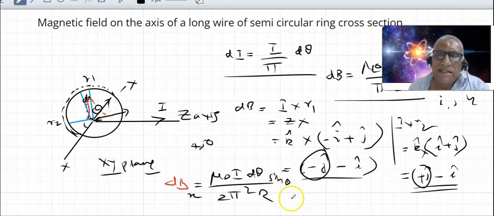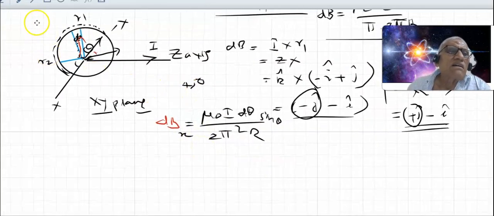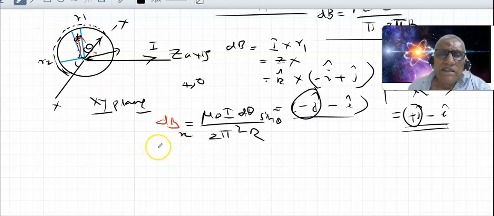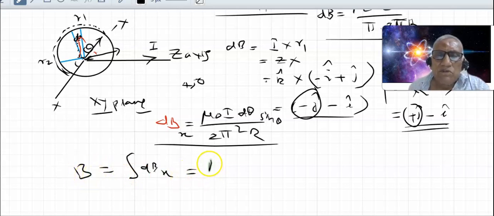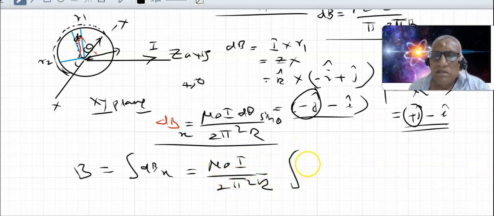So when we integrate this expression, the integral of dBx is equal to B, which is mu 0 I by 2 pi square r, times the integral of sine theta d theta from 0 to pi.